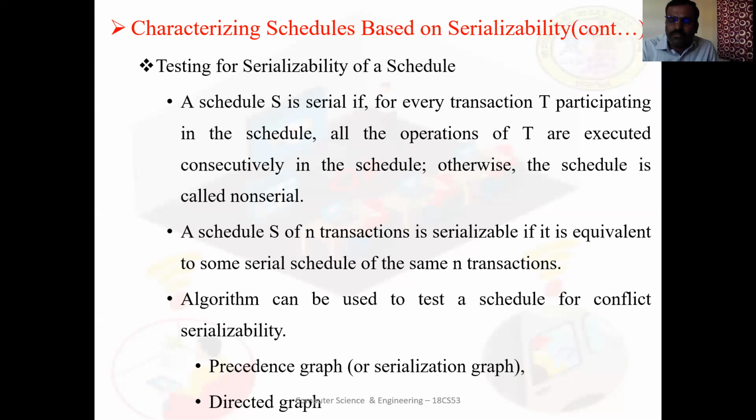And a set of directed edges, E equals E1, E2 up to Em, meaning edge 1, edge 2 up to edge m. There is one node in the graph for each transaction Ti in the schedule.